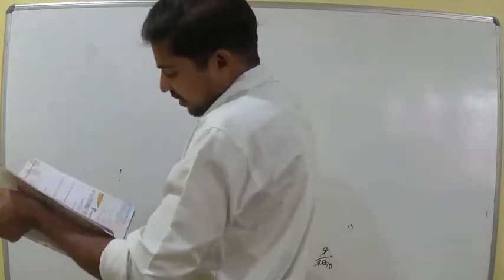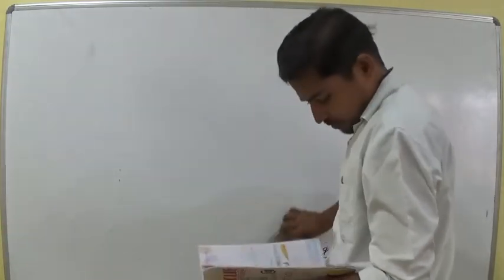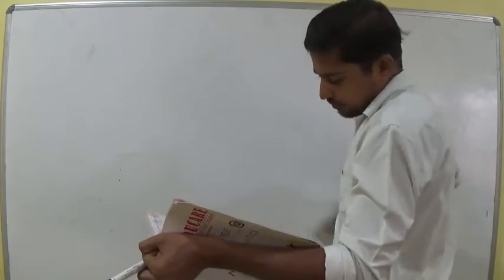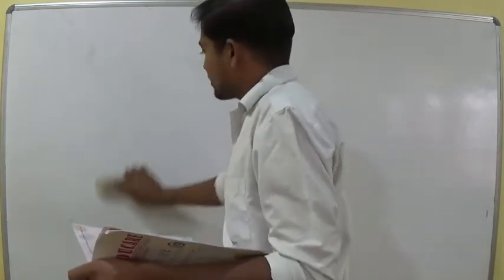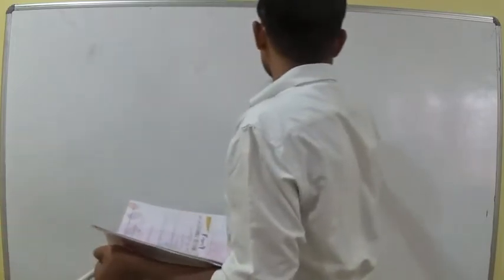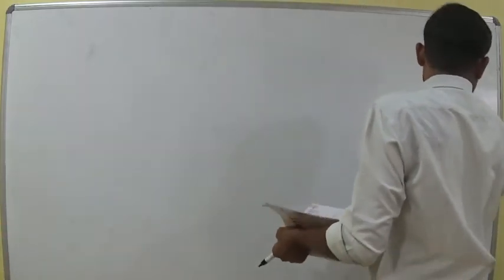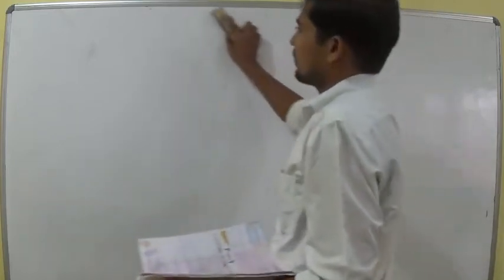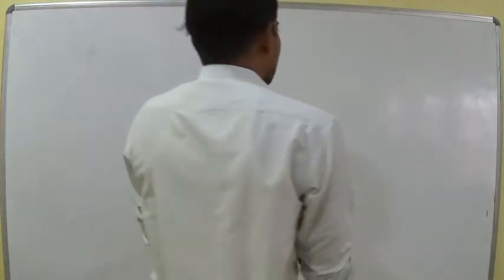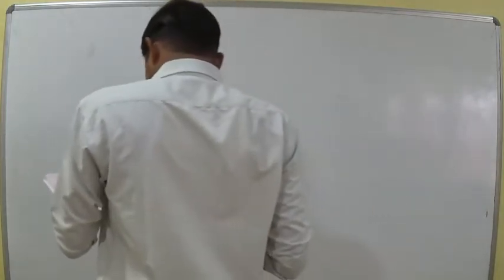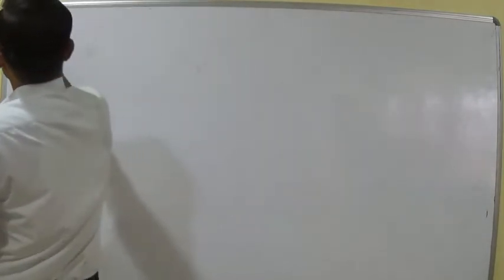The intersection point is given here. We have to use that formula. What is that? (hf − bg) by (ab − h²), (gh − af) by (ab − h²). That formula we have to use here.